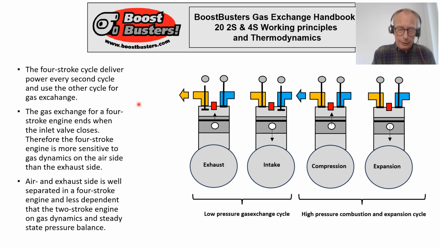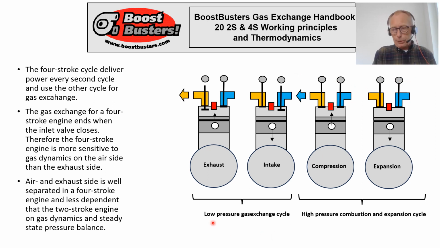A 4-stroke engine also has a greater separation between air and exhaust side. In general, a 4-stroke engine is less dependent on the gas dynamics from the external gas exchange system compared to a 2-stroke engine. The traditional phases, 4 of them, of course, it's a 4-stroke engine.